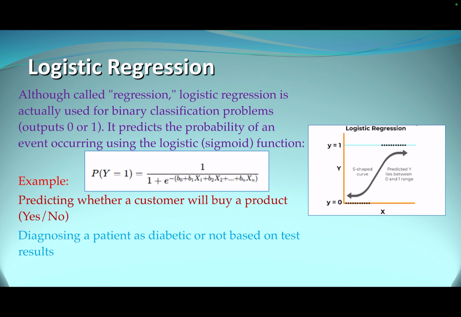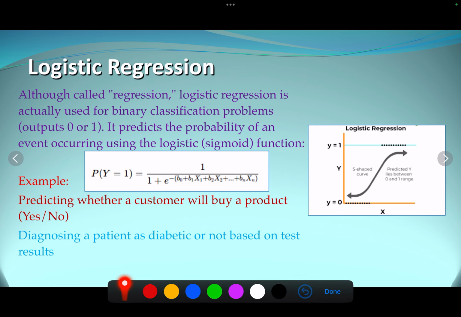Another regression that is also very popular is called logistic regression. It is actually used for binary classification problems. Whenever we want an output of either 0 or 1, this is used. The logistic regression has an S-like curve, where the function can be written as P(y=1) = 1 / (1 + e^-(b0 + b1x1 + b2x2 + ... + bnxn)).